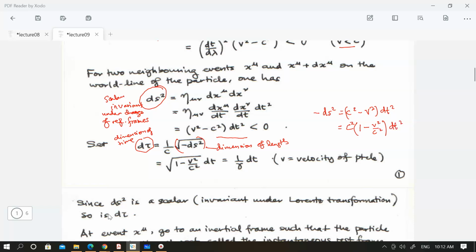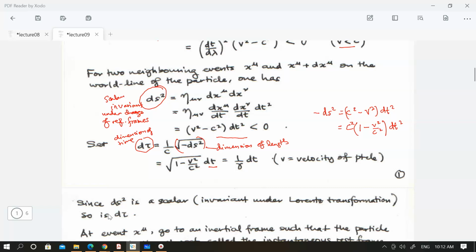Okay, so I bring out the factor of dt squared outside the square root, so it becomes dt, and this becomes the square root of 1 minus v squared on c squared, and this c squared coming out from the square root will give you c, multiplied by 1 over c over here, then we actually have this quantity.